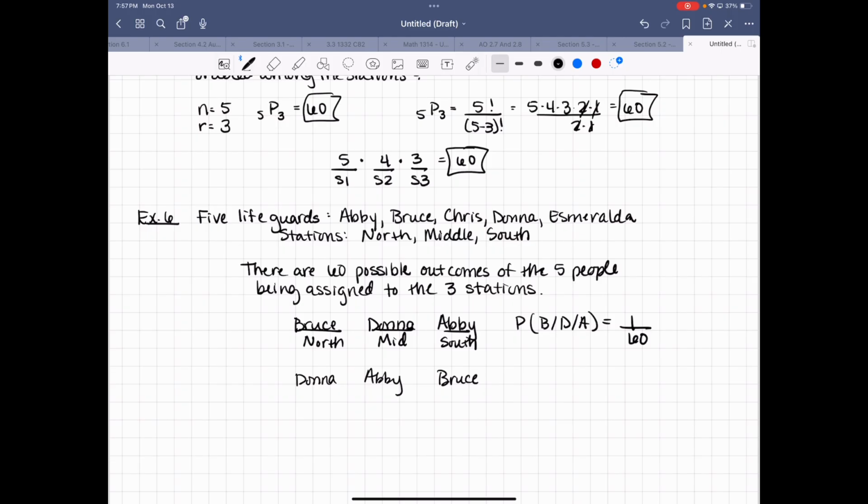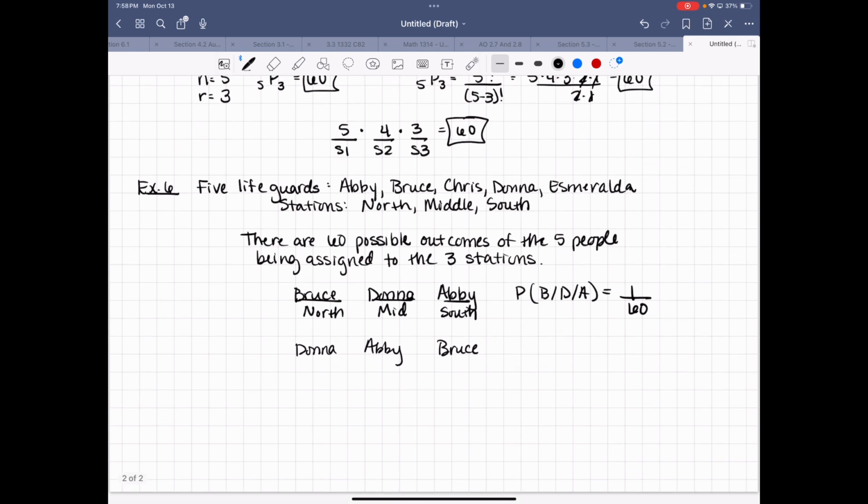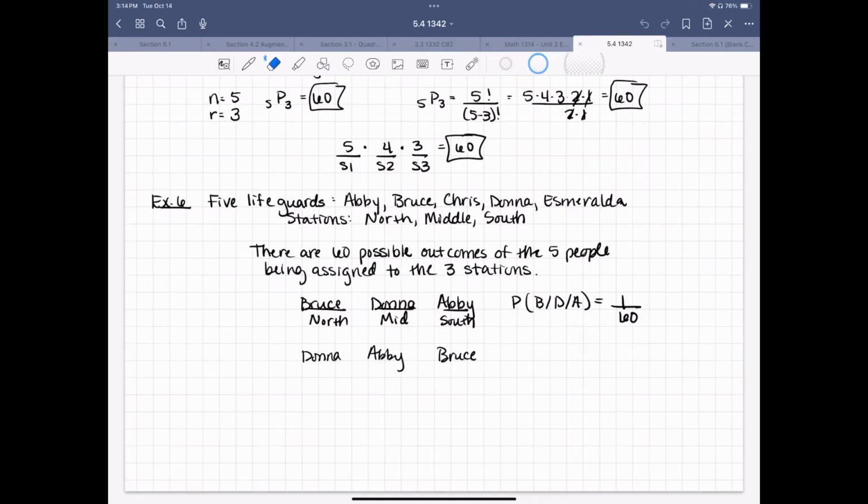That doesn't happen again. Okay? Out of however many different possibilities, and you don't have to worry about that part. That's why that's 1 out of 60. And it's to try to get you to understand that the order does matter here. Picking Bruce to go to north, Donna to be at the middle, and Abby to be at south does matter.